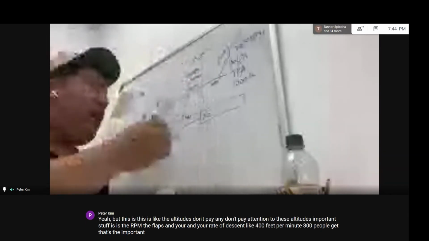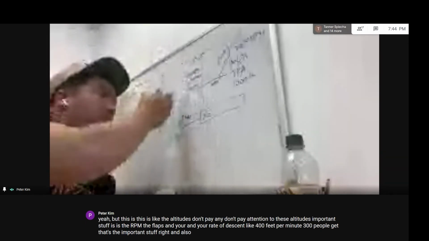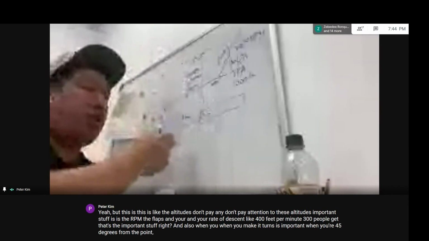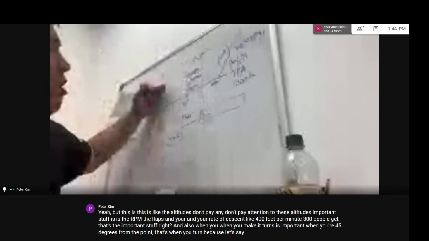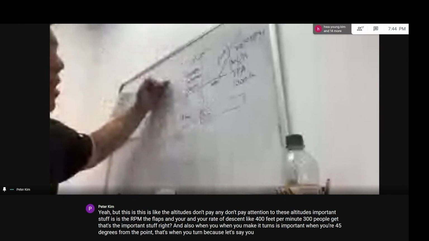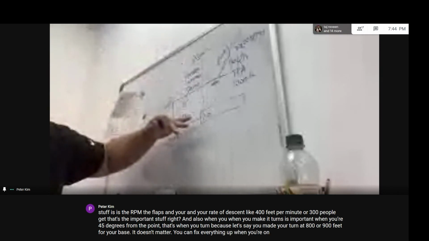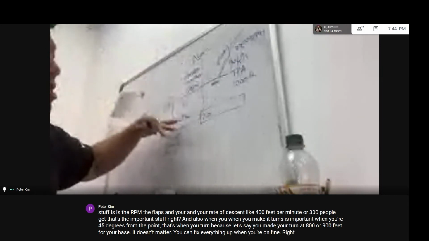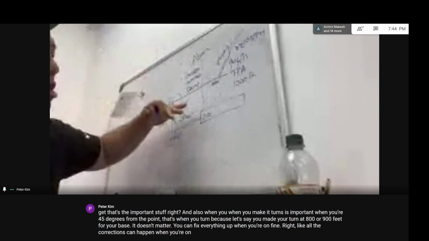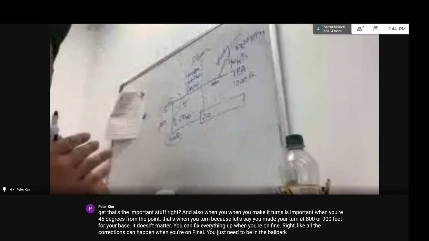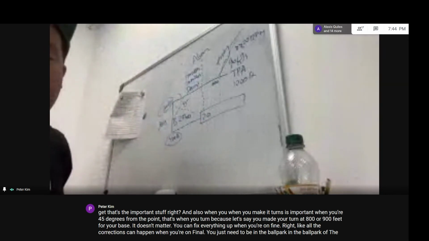That's the important stuff, right? And also when you make your turns is important. When you're 45 degrees from the point, that's when you turn. Let's say you made your turn at 800 feet or 900 feet for your base, it doesn't matter. You can fix everything up when you're on final, right? All the correction can happen when you're on final. You just need to be in the ballpark of the descent angle for the runway.